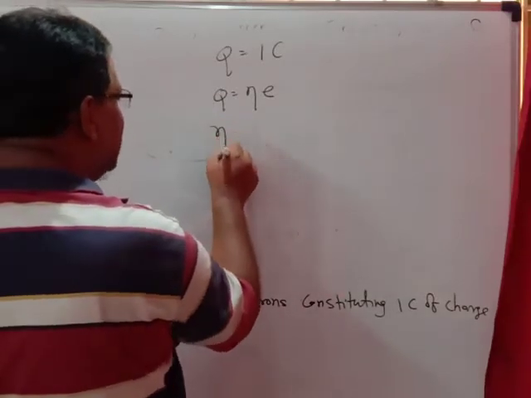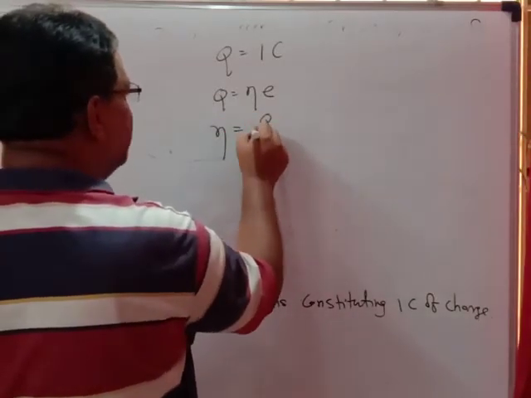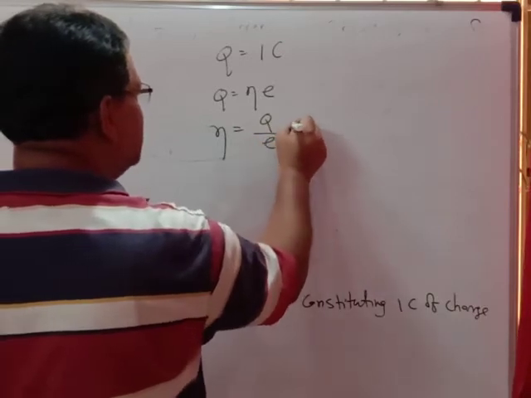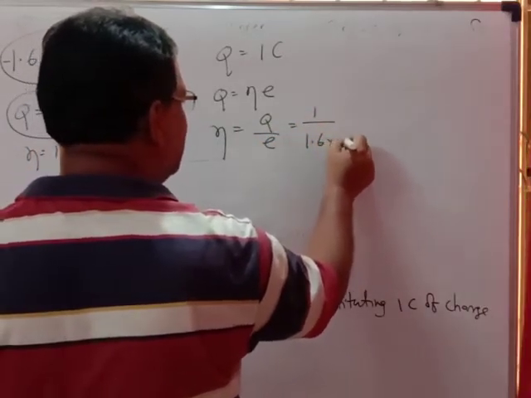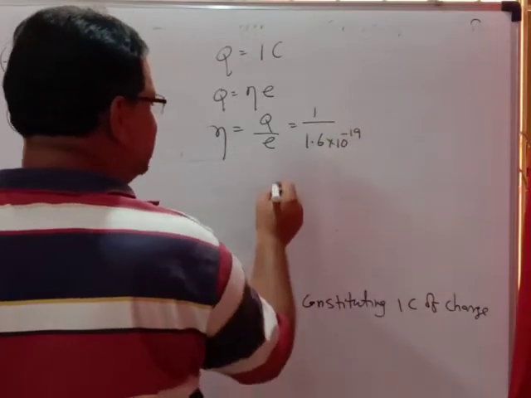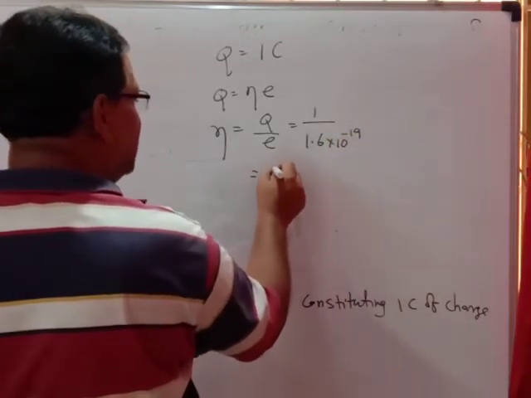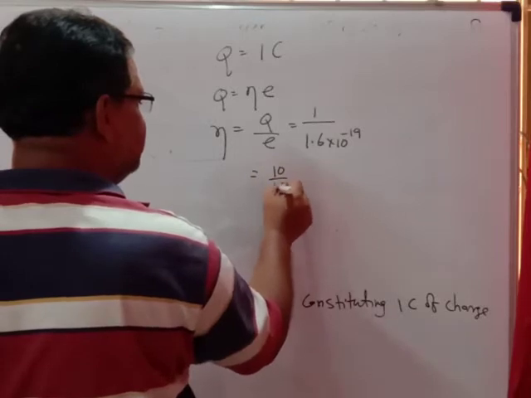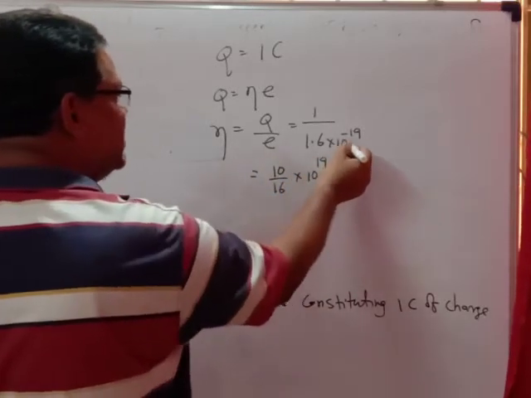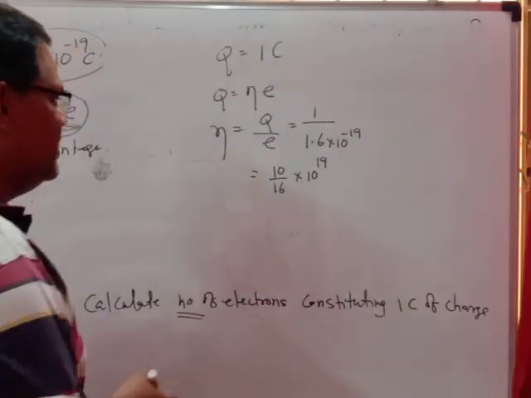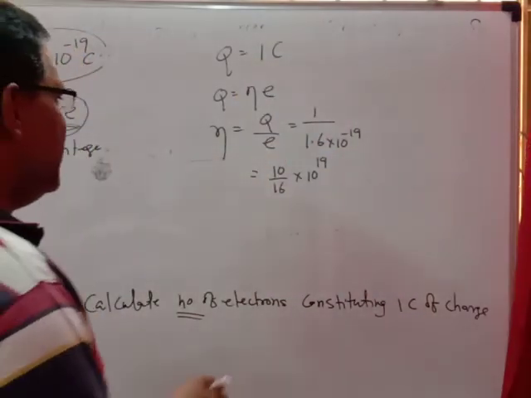So what will be N? N will be equal to Q upon e. Q is 1 and e equals 1.6 into 10 to the power minus 19. Simply it will be 1 upon 1.6 into 10 to the power minus 19, which is 10 upon 16 into 10 to the power 19, because the 10 to the power minus 19 goes to the numerator.